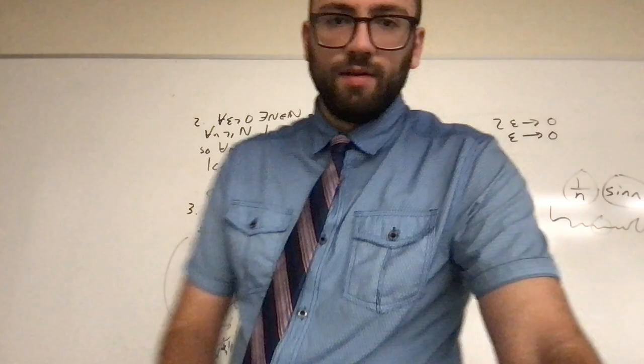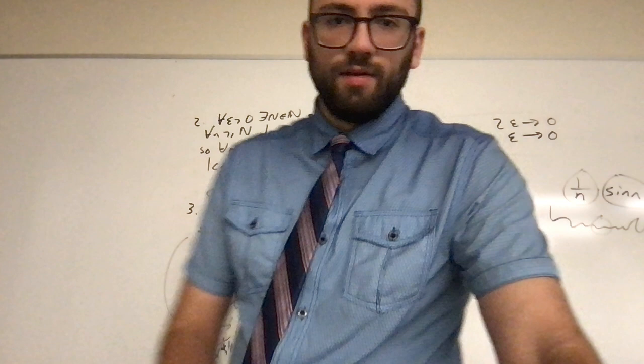So I have for all epsilon greater than 0, there exists a natural number N such that for all n greater than or equal to N, xn minus a is less than, what did I do? I did epsilon over absolute value of c. Again, same argument as before with the 2.